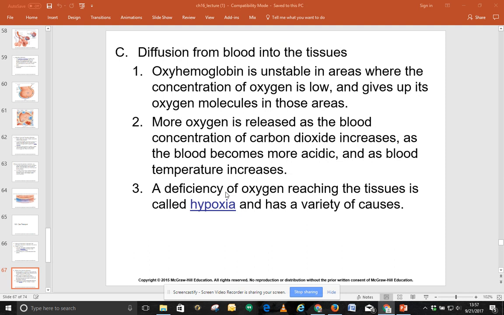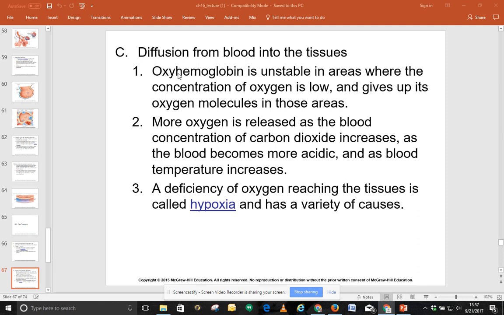Now, diffusion from the blood into the tissues. Oxygenated hemoglobin is unstable in areas where the concentration of oxygen is lower because, remember, it moves from higher concentration to lower concentration, that basic little gas law we talked about.